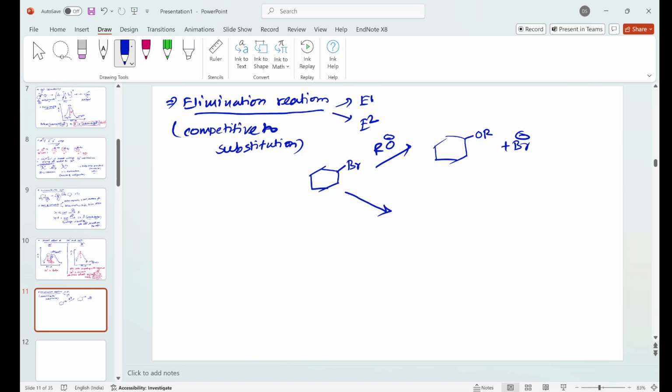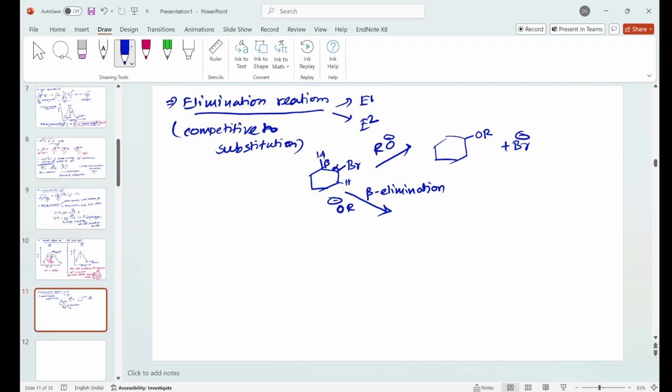There is one another scenario where this OR will give you beta elimination. How? So you have the H, okay, on the beta carbon. This is alpha carbon, this is beta carbon.